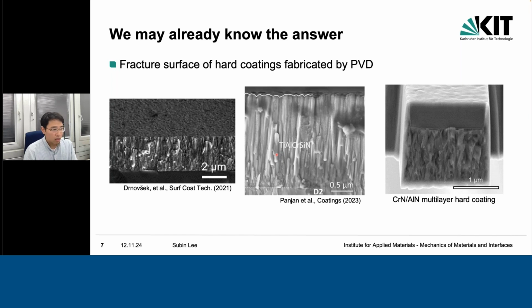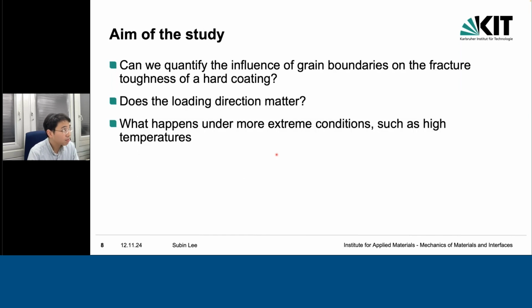So this is the point my team and I wanted to study. The scientific question we had in this project was whether we can quantify the effects of the grain boundaries on the fracture toughness of hard coatings.